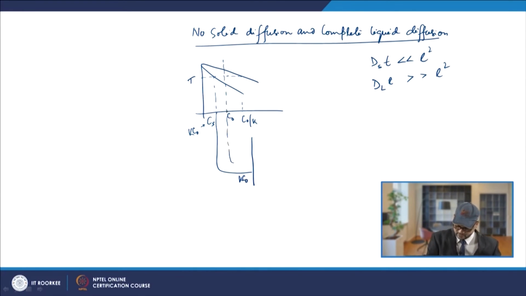So, C naught is mapped here. Now, this will be Cl. This Cl will move to a very large value than C naught by K, because of the very high value of diffusion in the liquid and the very poor value in the solid.